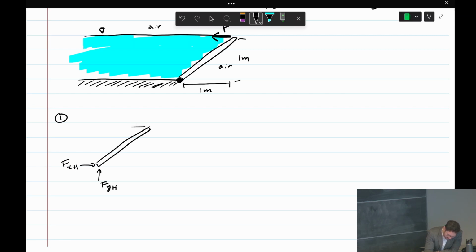We have a force P at the top. That's the one we're trying to compute. We also have a hydrostatic pressure, which effectively creates a distributed load on this gate. So at the bottom of the gate is deepest, so it will have the highest pressure. And at the top of the gate, we're actually at the free surface, so that pressure will be 0 up there.